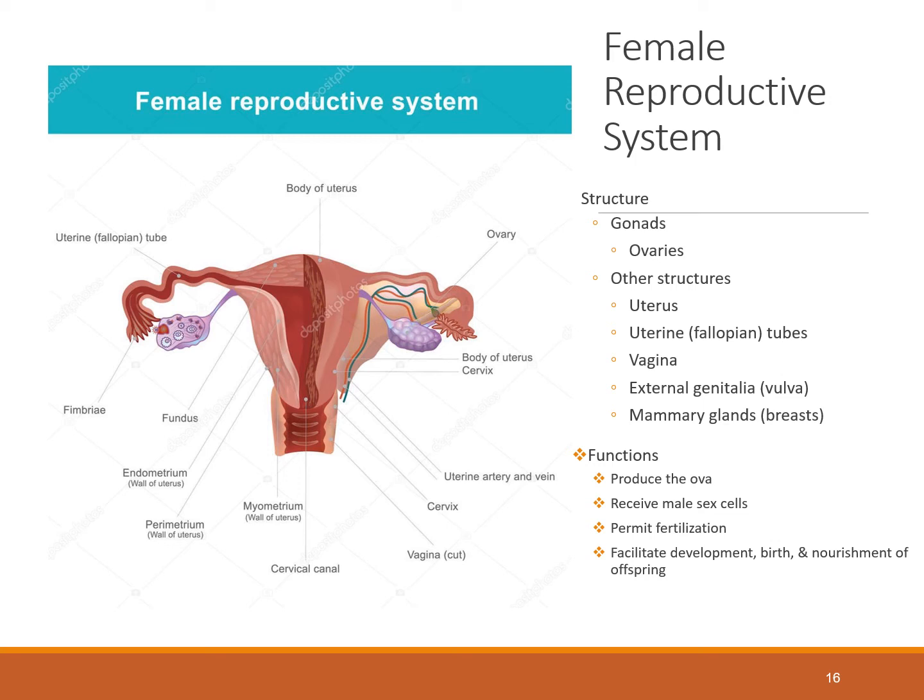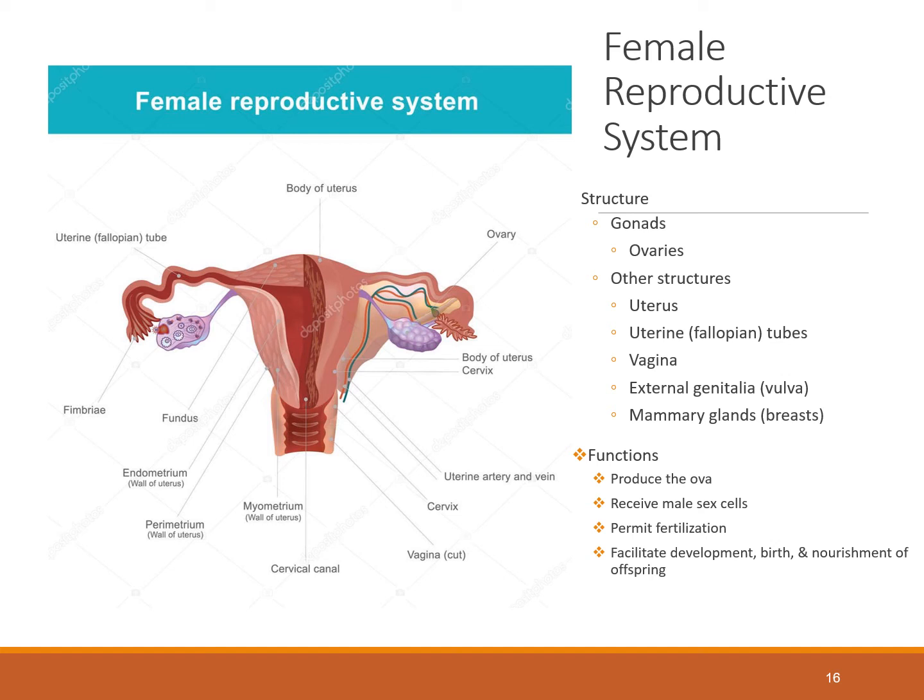Production of the ova starts in the ovary, and the fimbriae of the fallopian tubes have a sweeping motion that sweeps the egg up into the tube. The tube has a peristaltic type motion, and it also has little sweeping cilia that help to sweep the egg along the tube and into the uterus.